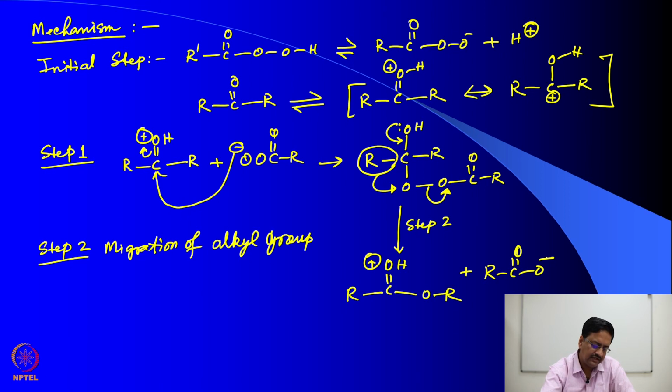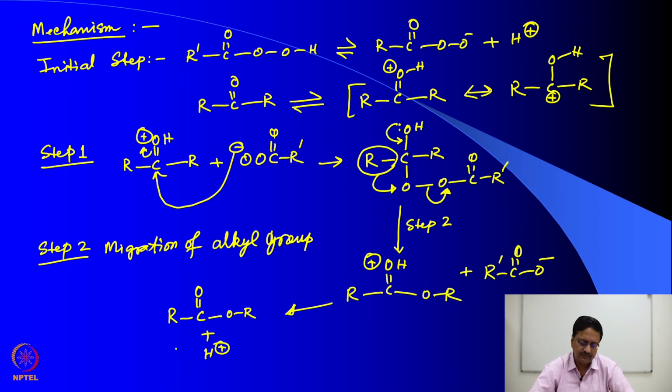I think somewhere we have missed the R prime, which we should continue, so that we know that this acid anion is from the peroxy acid, and immediately in this reaction medium it loses that H plus, and what you get is the corresponding ester with the release of H plus ion, right.